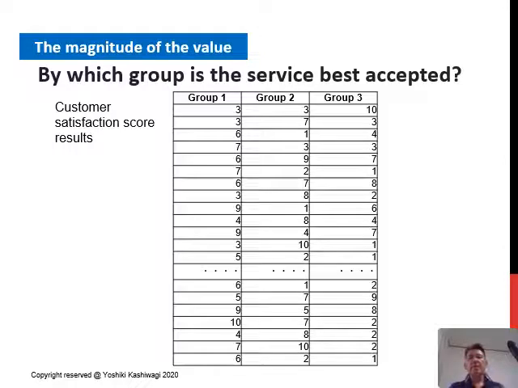You have 49 answers from each group 1 to 3. And you have to summarize, you have to understand the characteristics of each group. How are you going to see the characteristics of each group based on these results? And how are you going to get the conclusion with this result? That was a question.